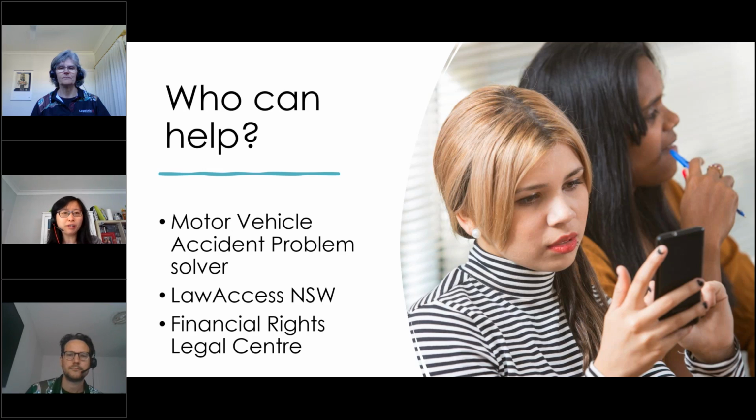Or if they're not insured, how do they go about dealing with the insurance company on the other side, whether or not it's that insurance company chasing them for money, or they think they have a claim against the insurance company because it was the insurance company's customer who was at fault. So the problem solver is sort of like a decision tree flow chart to try and help people through those issues.